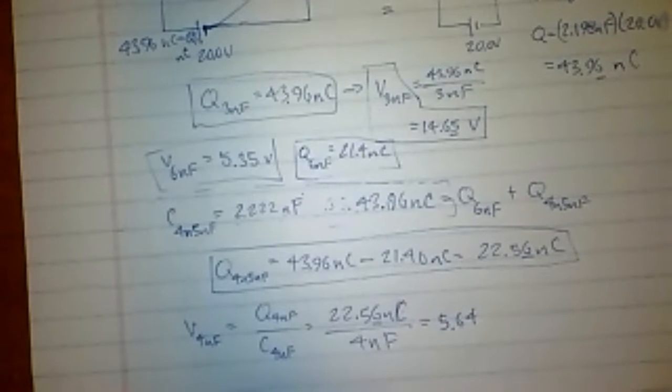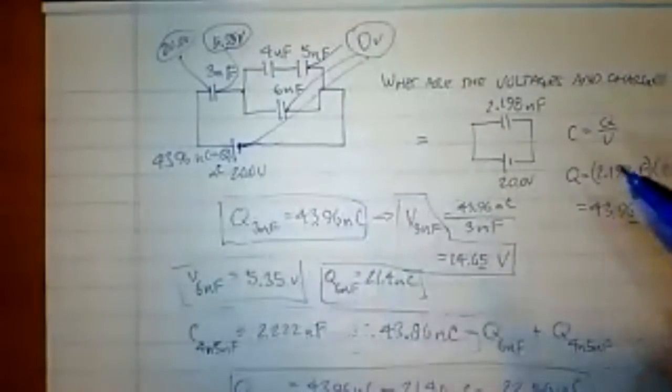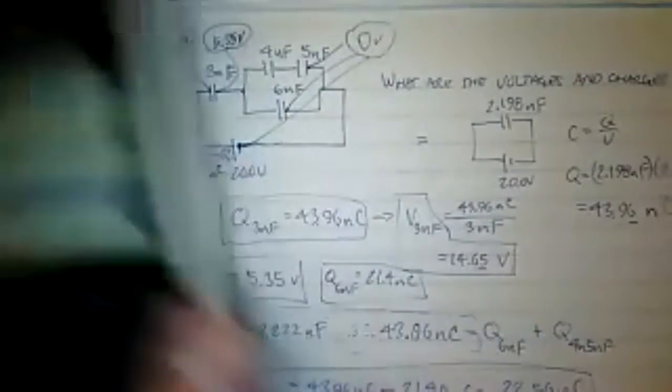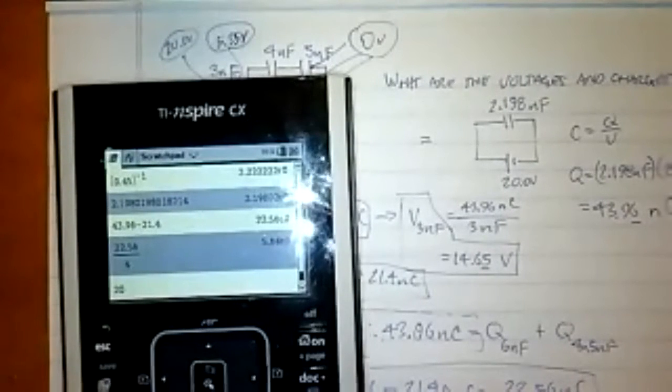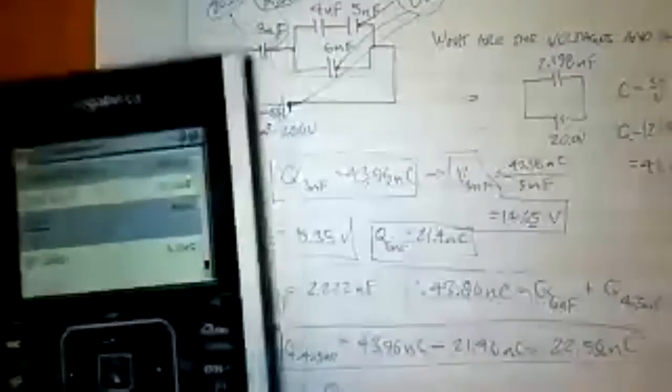What happened? Notice, did I do my math right when I did 20 minus 14.65? 20 minus 14.65 is 5.35.